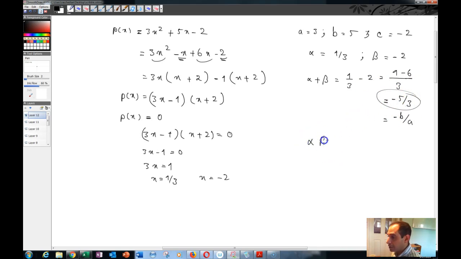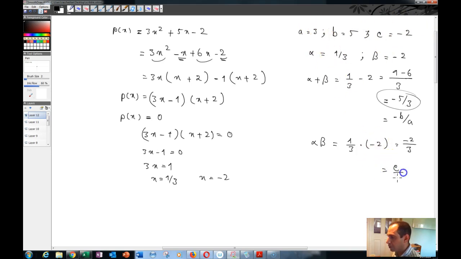And alpha beta is equal to c by a, and let me actually do it the other way around. So alpha beta that I have found is 1/3 times negative 2, which is equal to negative 2/3. And that's actually equal to c by a in your polynomial.